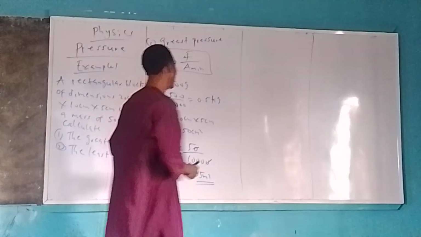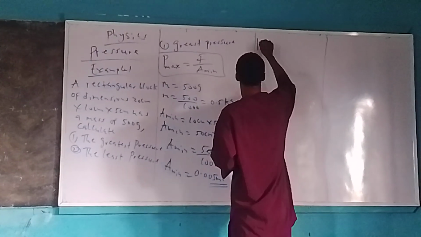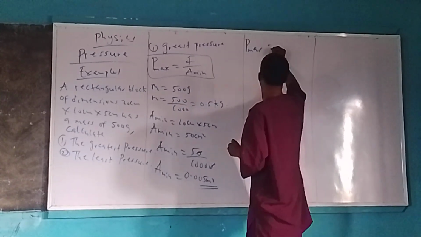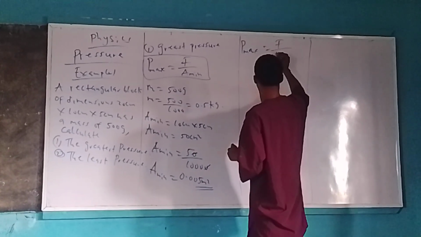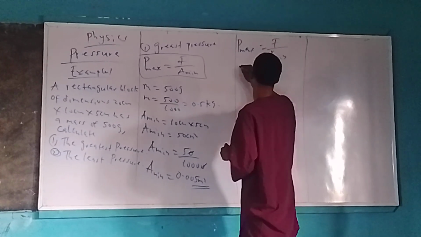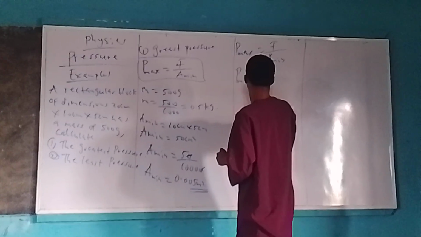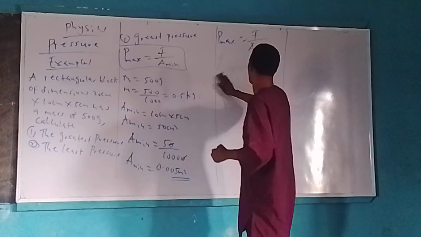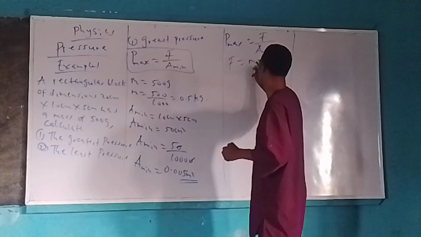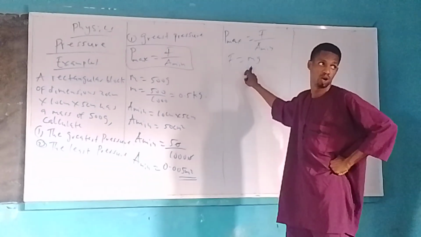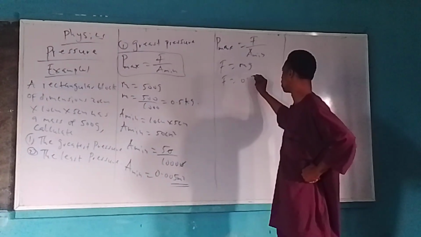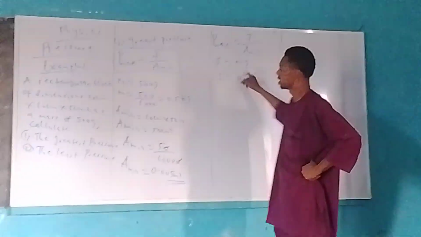Now let's calculate our maximum pressure. The maximum or greatest pressure is given as force over minimum area. What is force? Force is mg. So force equals our mass, 0.5, times g, which is 10.